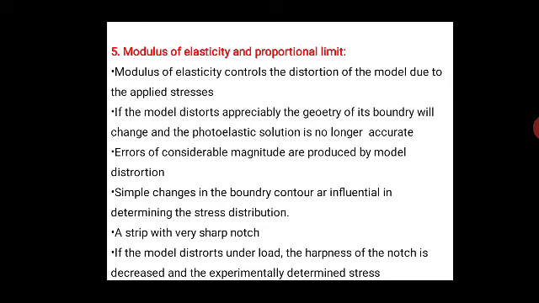If a model distorts, the geometry of its boundary will change and the photoelasticity solution is no longer accurate. So for this reason, the modulus of elasticity is important for a photoelastic material.